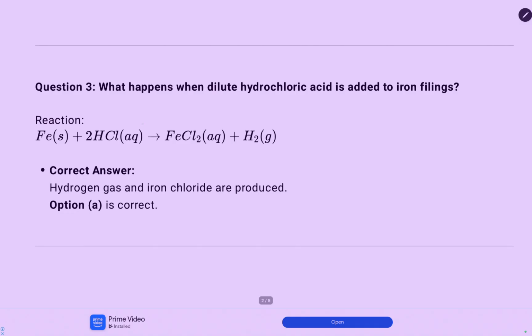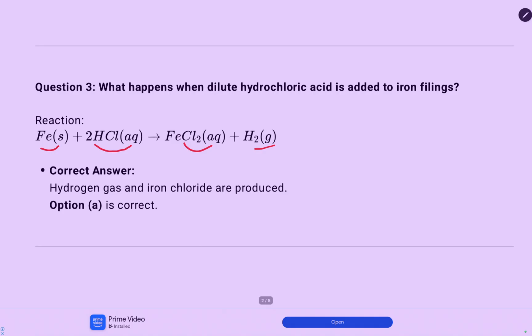In this question they asked what happens when dilute hydrochloric acid is added to iron filings. Here we are adding iron filings, which are in solid form, to dilute hydrochloric acid in aqueous form. When these two react, you will observe iron chloride, FeCl2, in the aqueous form, and hydrogen gas will be released.